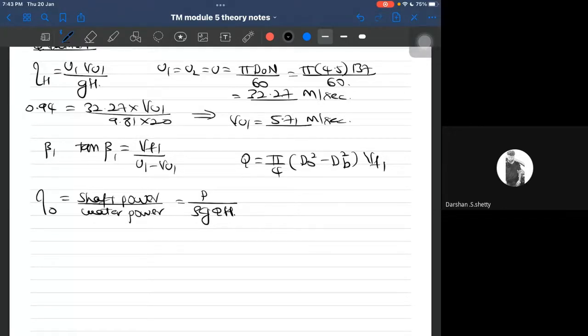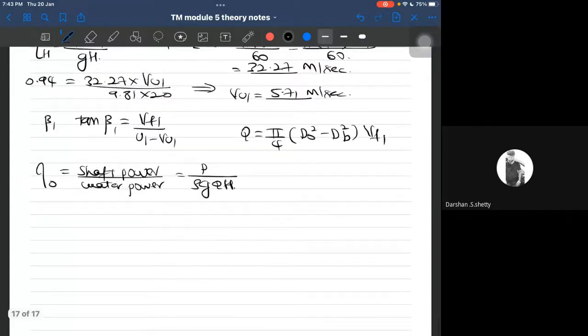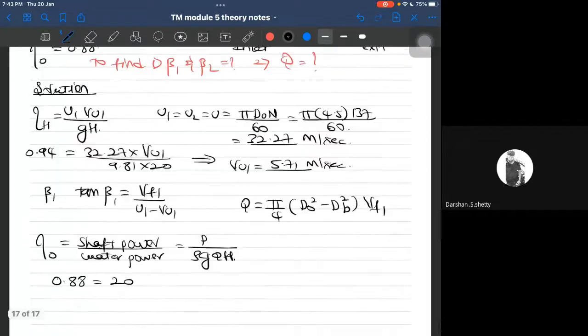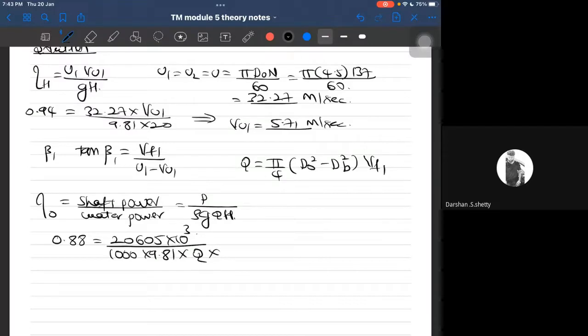So overall efficiency is how much? 0.88. Shaft power is how much? He has given 20605 into 10 to the power of 3, divided by 1000 into 9.81 into Q, which you are supposed to calculate, at head available 20 meters.